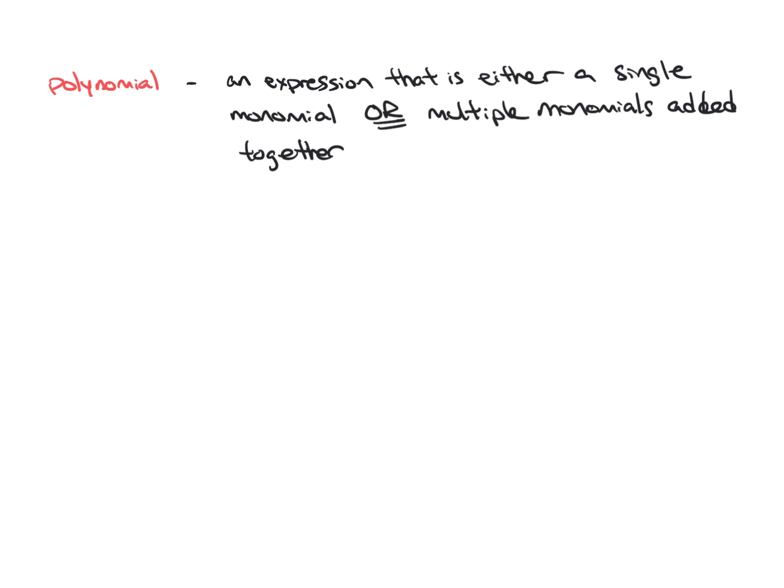Okay, so as an example, I can just use one of the monomials from above. I'll just say 4x squared. So that's a monomial. Now, a monomial by itself counts as a polynomial, but if I add an extra term to it, so if I say plus, let's say 6xy cubed, now I have two monomials, and they're added together.